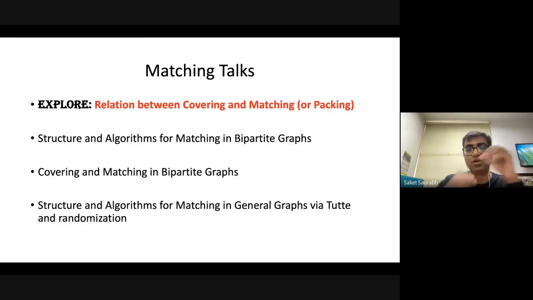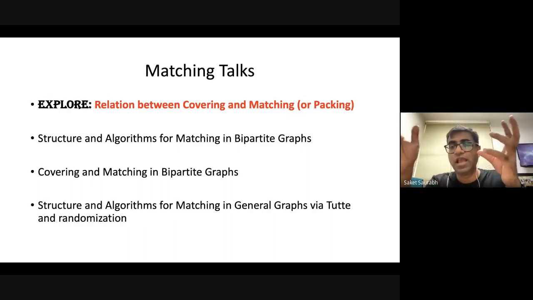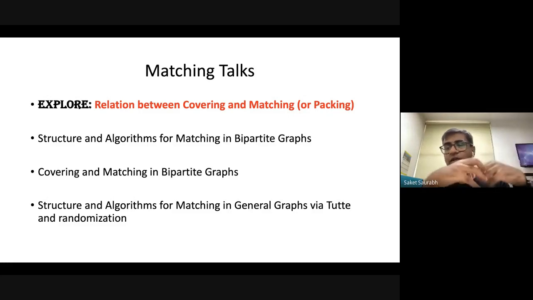So we decided to do randomized algorithms for the problem, and you will have a talk about this using the Tutte decomposition or Tutte matrix. The reason is that these covering problems also have a very interesting relation to algebraic algorithms or randomized algorithms, and this lecture will explore that aspect.